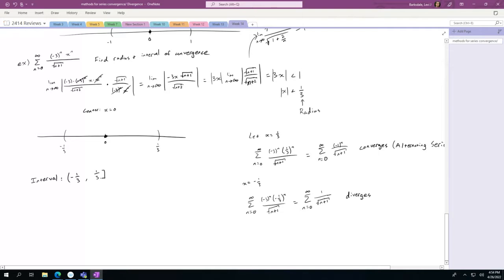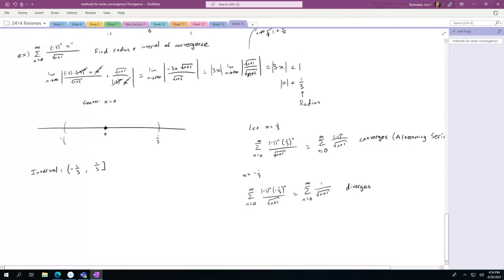Sound good? Okay. So we found our radius, which is 1/3, and our interval, which is negative 1/3 not included to positive 1/3, which is included. And again, you want to rely on your ratio test first to find that interval and that radius.